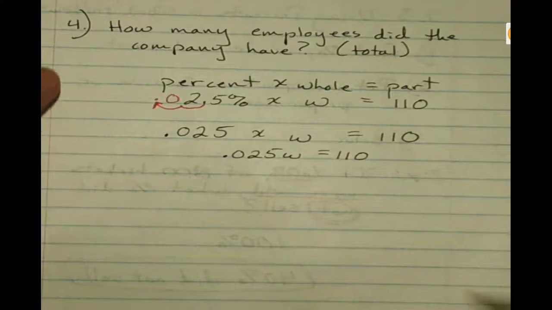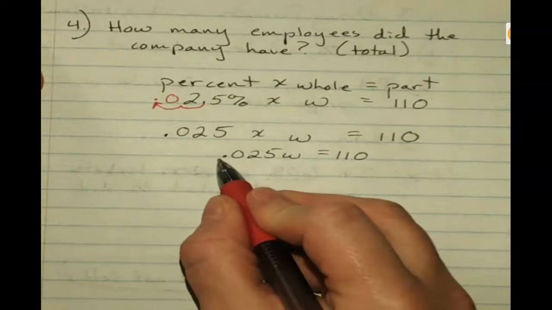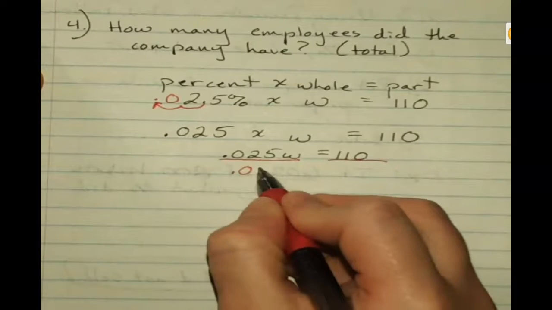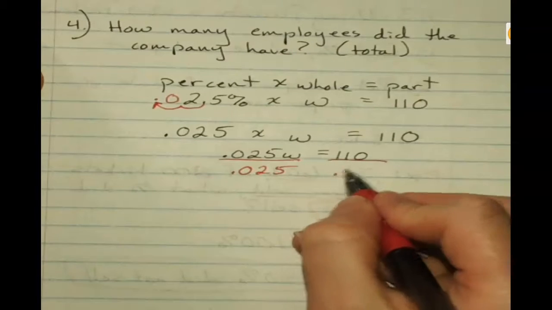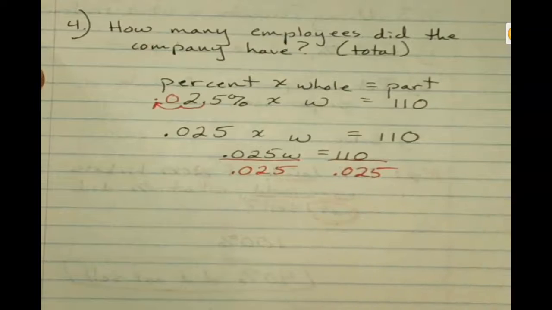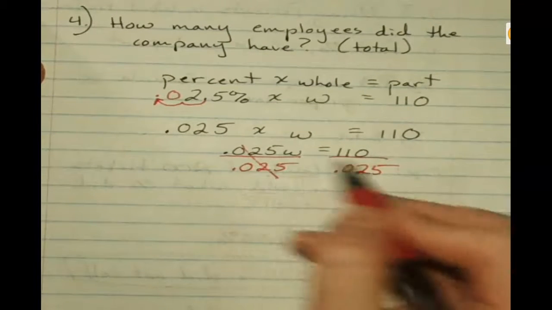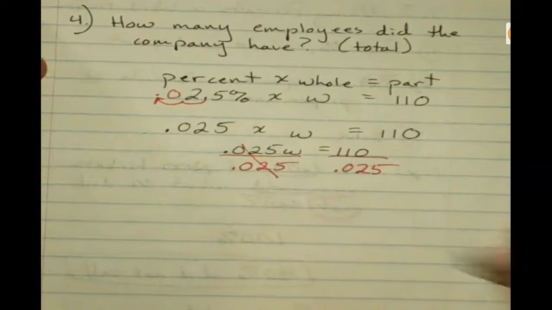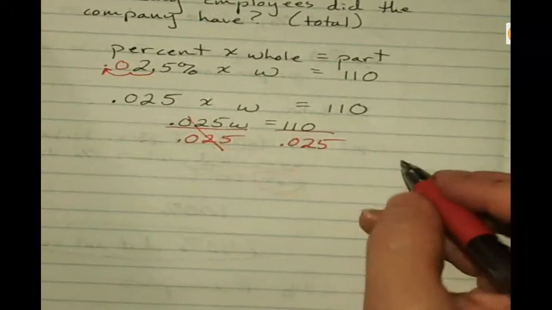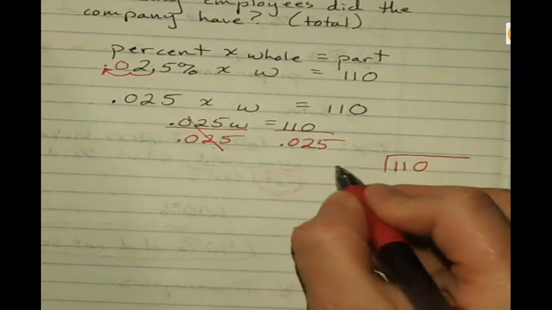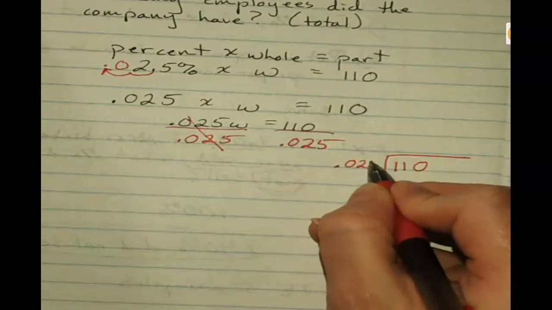Then you want to divide 0.025 W by itself. Just by 0.025 on both sides, right? Because we want to get that W all by itself. And since they're multiplying, we divide. Okay, so over here, it would be 110 in here, 0.025 out here.